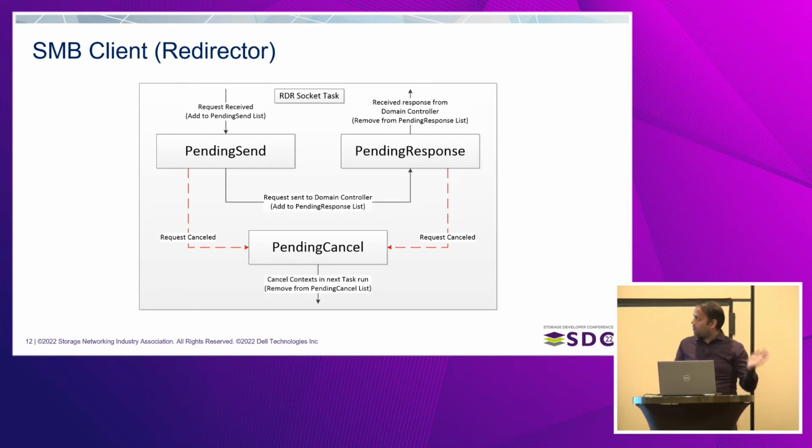We added timeout in that, wherein we added another queue, pending cancel, and there's a separate timer thread running in the SMB client. Whenever the timeout is reached for a call and the call is still in one of those queues, either pending send or pending response, it is moved from those queues to pending cancel.